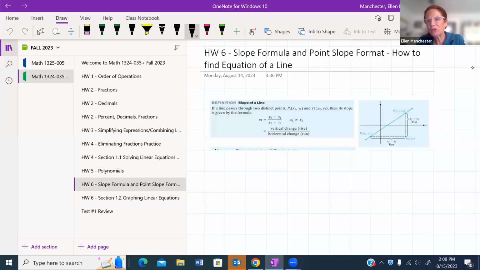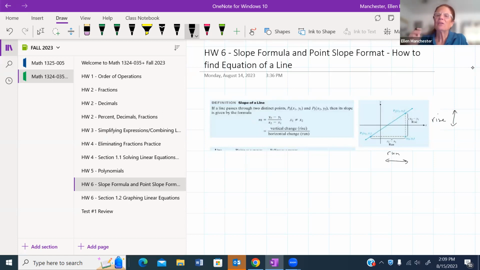In your picture here, on the right side, you see there's a line in blue and there is a rise. Here is our rise, and here is our run. Our rise goes up and down, and that's vertical. Our run is horizontal, it goes right to left.